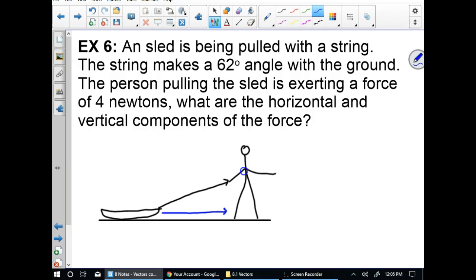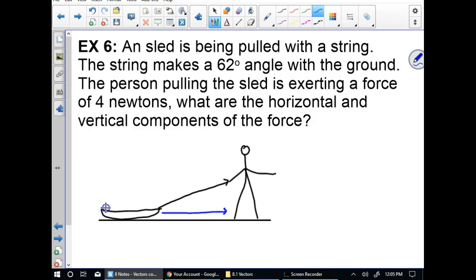However, it would be rather inconvenient to pull the string perfectly level with the sled, right? Because if you do that, you're going to have to crawl on the ground. So I don't think that would be ideal.